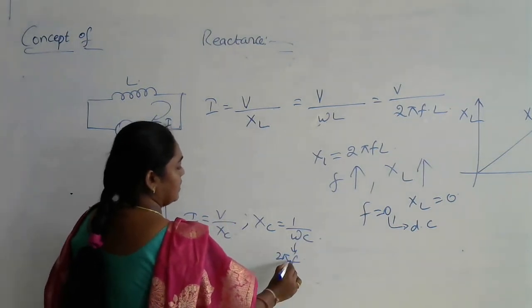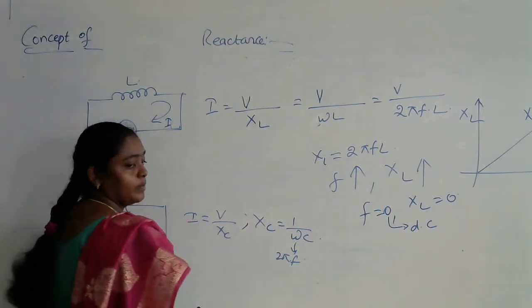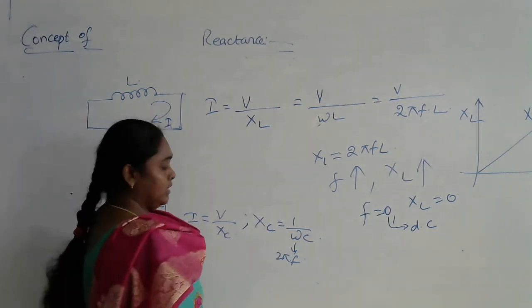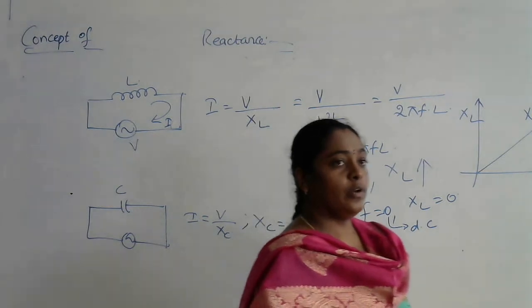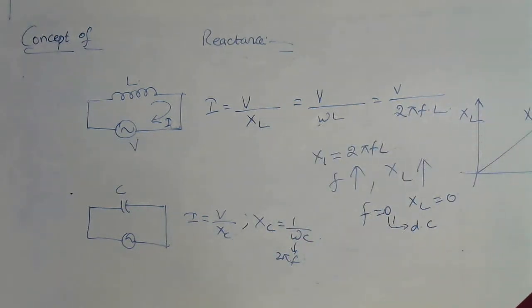As frequency is increasing, reactance is going to decrease. That is, in case of a capacitance, frequency and reactance are inversely related. So capacitive reactance is defined as the opposition offered by the capacitance to the flow of an alternating current.